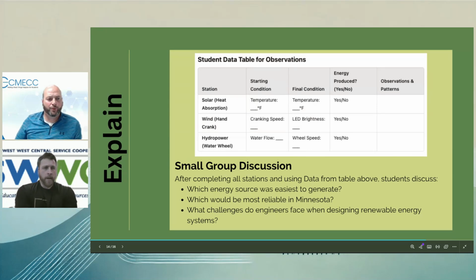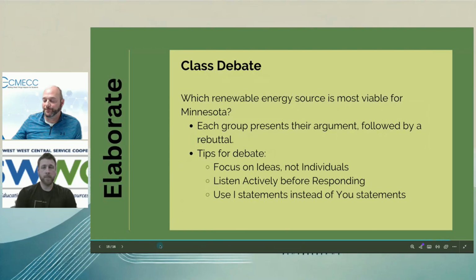You know Minnesota, what would be the most reliable based on the terrain we have, the amounts of wind, accessibility to water sources, or how many days of the year we get sun so that charging solar would help? They're starting to think about the different factors engineers would have to consider if they were going to develop a plant to harness these renewable sources in Minnesota.